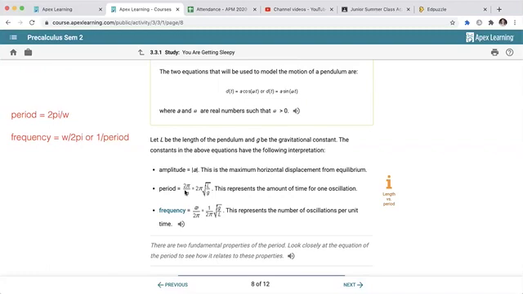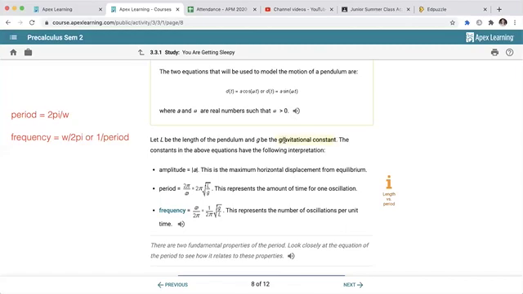The only difference here is that we now have L and g involved. When we're dealing with things in the real world, especially things going in an up and down motion or a swinging motion, we have to take gravity into account.